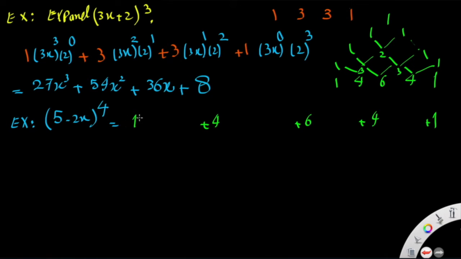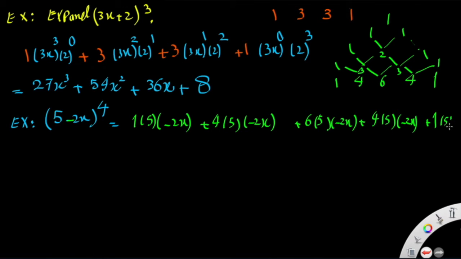Now I write the terms. 5. Be careful, negative is a part of the second term. 5 minus 2x, 5 minus 2x, 5 minus 2x.